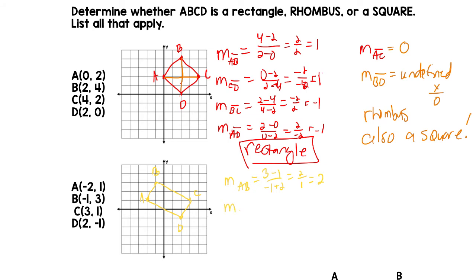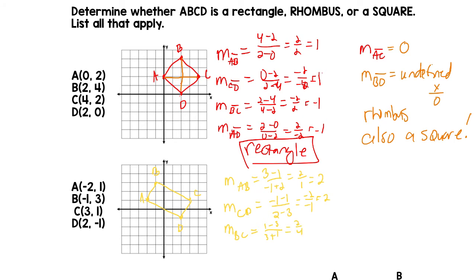Let's do the slope of CD. That's -1 minus 1 over 2 minus 3. It's -2 over -1, which is also 2. So those lines are parallel. Let's do the slope of BC. That is 1 minus 3 over 3 plus 1.